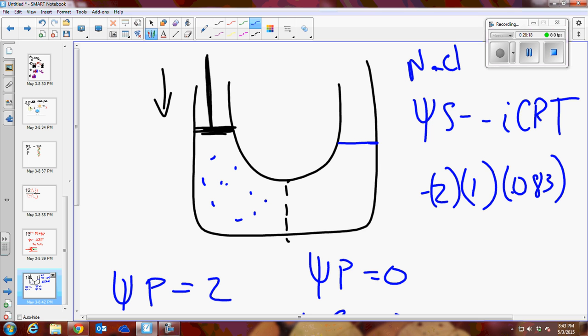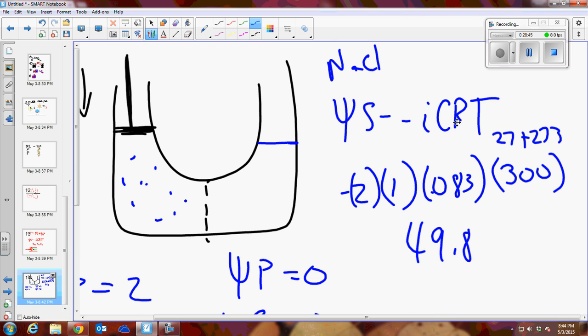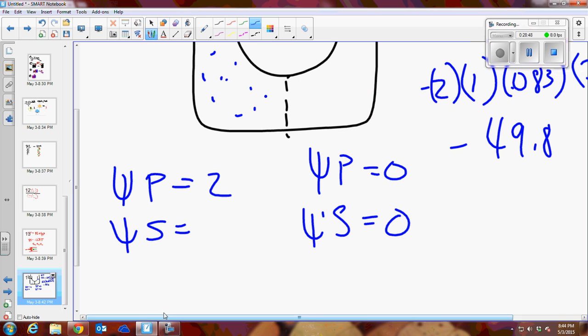And so we add 27 to 273 so we can have that nice 300. And you just do the math here on my trusty calculator and you get negative 49.8. That's a lot of salt.